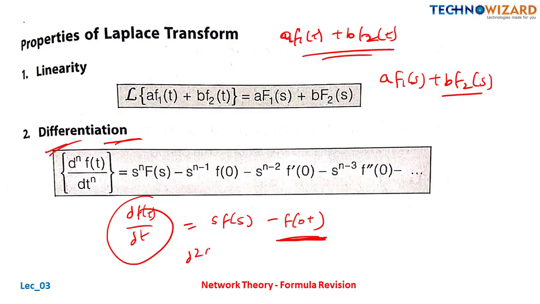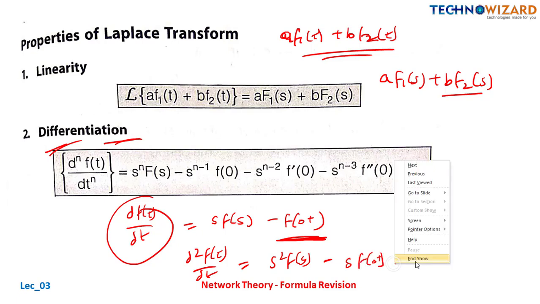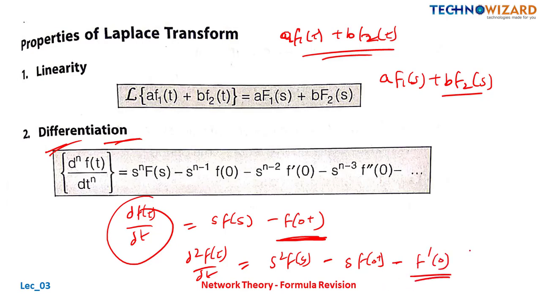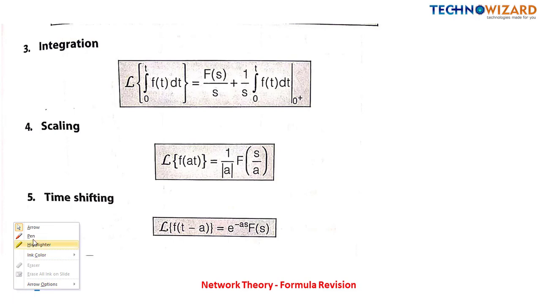Now if it is given d square f of t upon dt square, then this will be equal to s square f of s minus s f of 0 plus minus f dash of 0. This will be the Laplace transform for d square f of t upon dt square, like this. Same goes for integration. In integration s will be in divide. Okay, and in differentiation s will be multiplied.